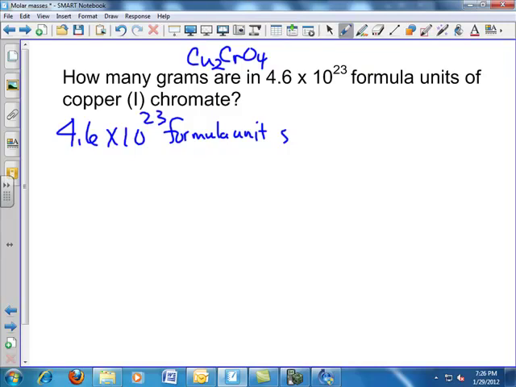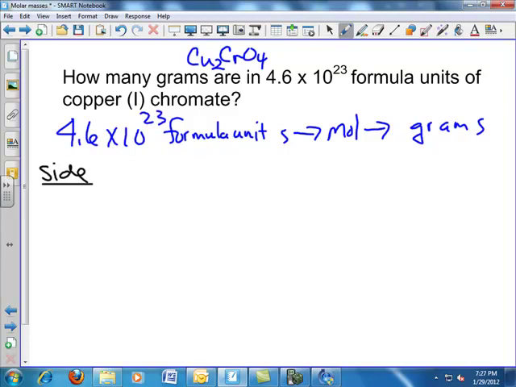I have to look now that I said that. Yep, chromate's a -2. Okay? So I need to convert those formula units to moles, and then moles to grams.